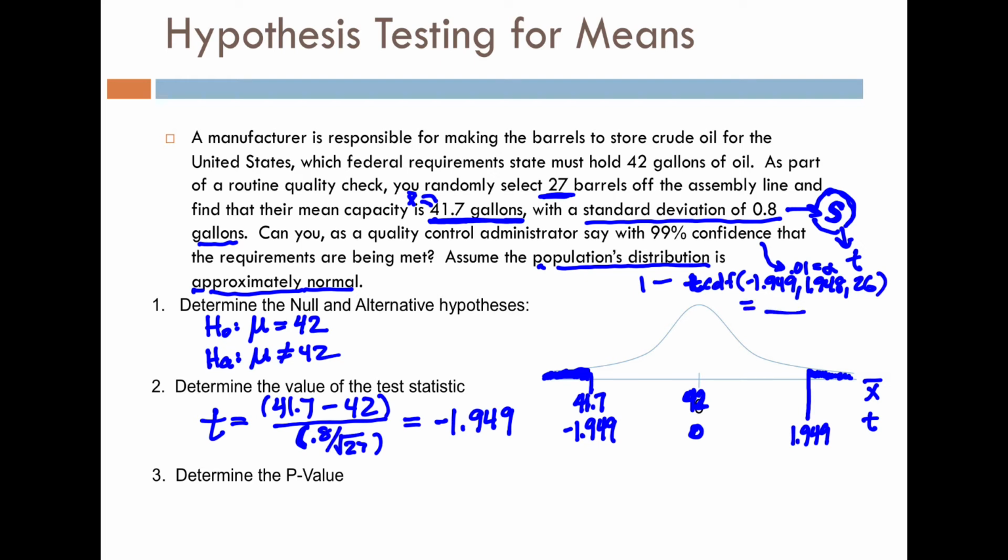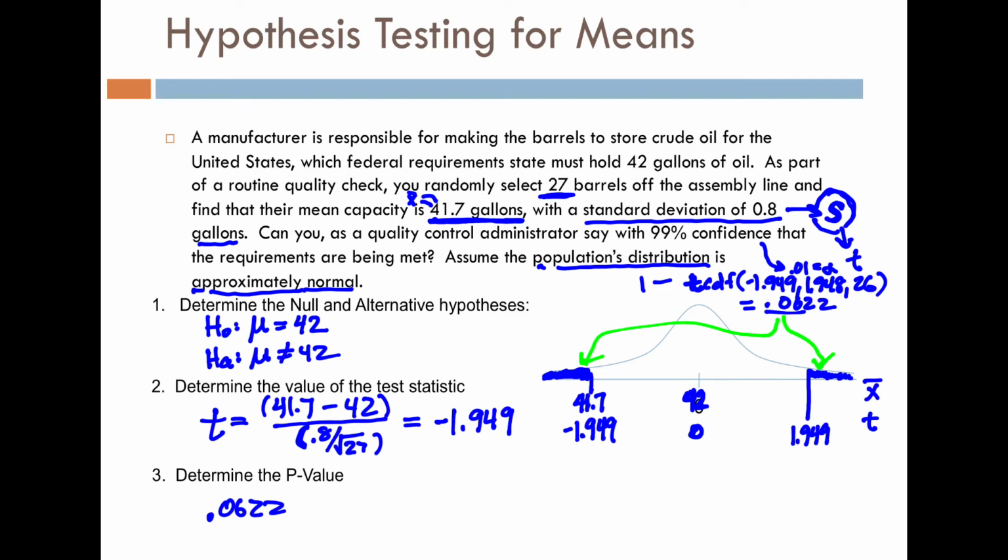And that will give me my combined area of these two shaded regions. That would be 0.0622. This is my p-value.